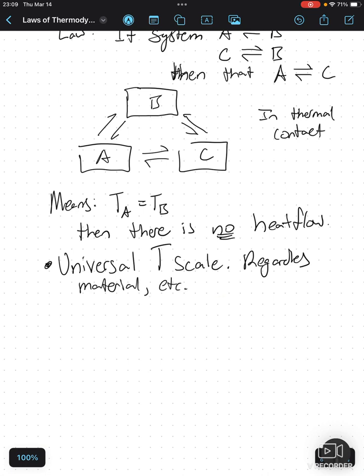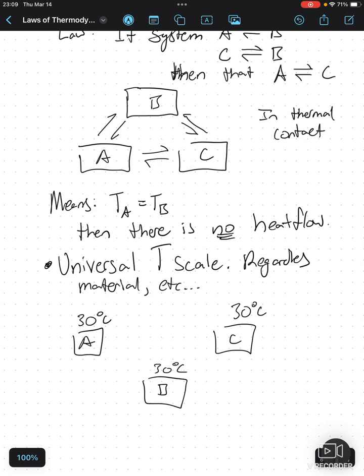or etc., if object A is 30 degrees Celsius and object C is 30 degrees Celsius, we know that they are the same temperature. And not only are they the same temperature, but if there is an object B that is 30 degrees Celsius, we know that these are the same units, they mean the same thing.